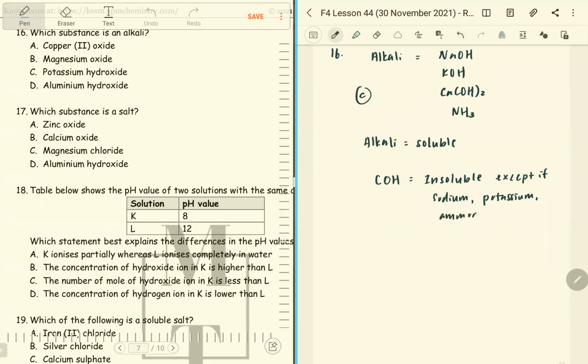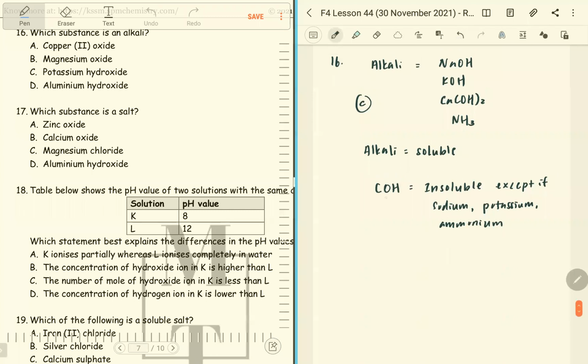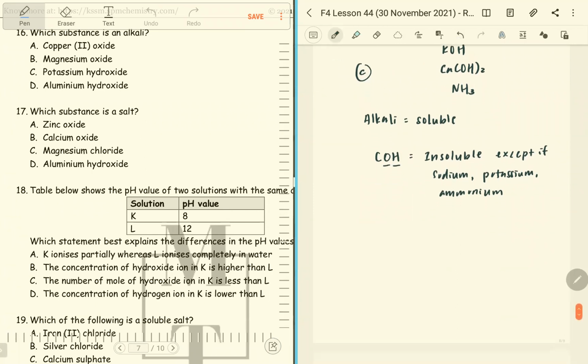So if you take a look, A, C, and D are all not soluble. So the answer will only be potassium hydroxide. If you have potassium, then you are soluble.